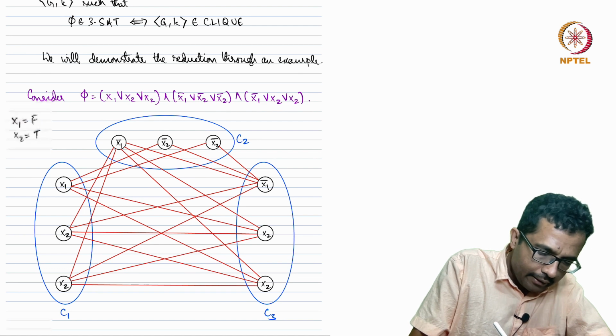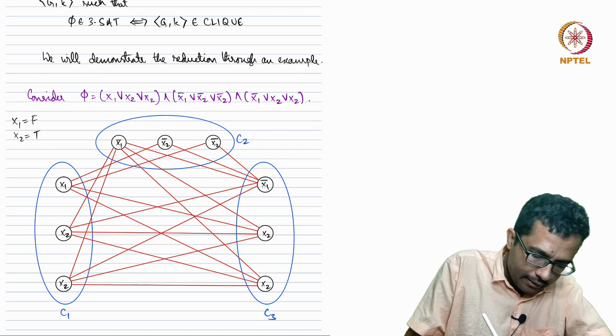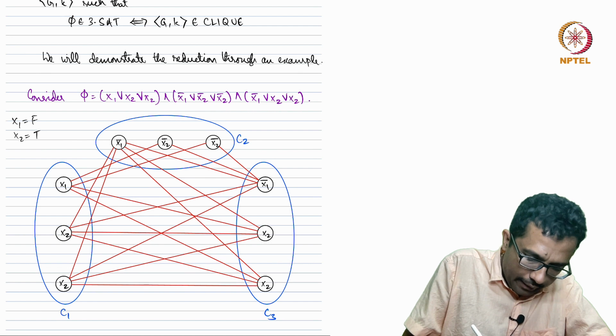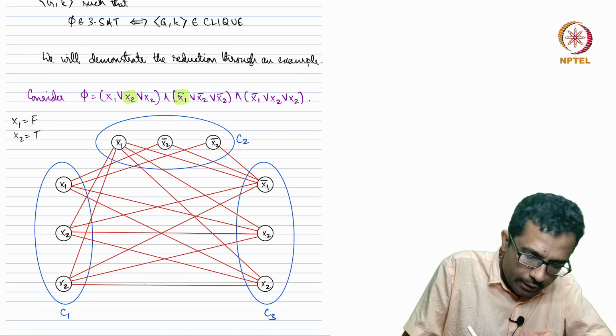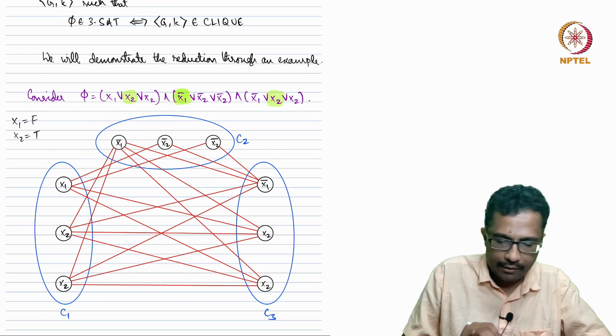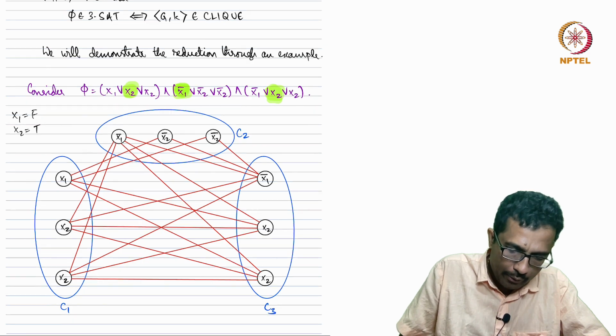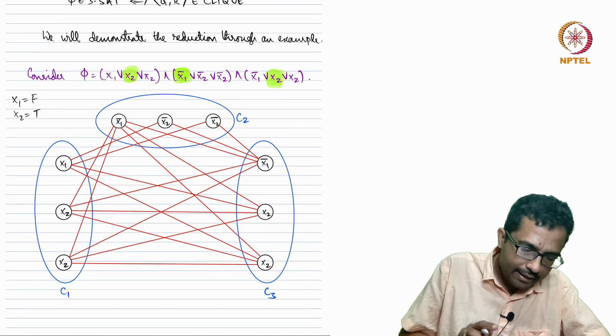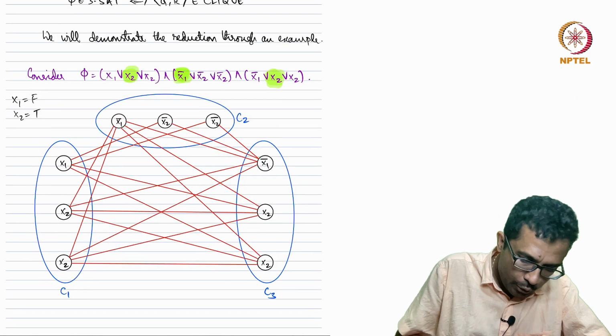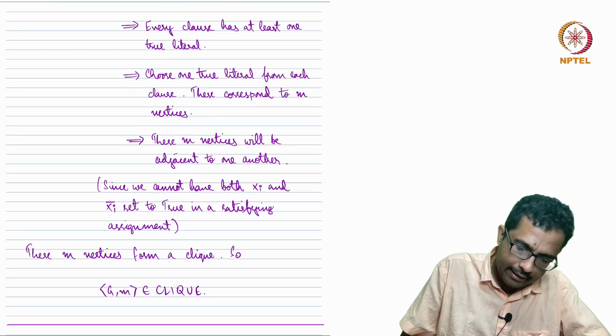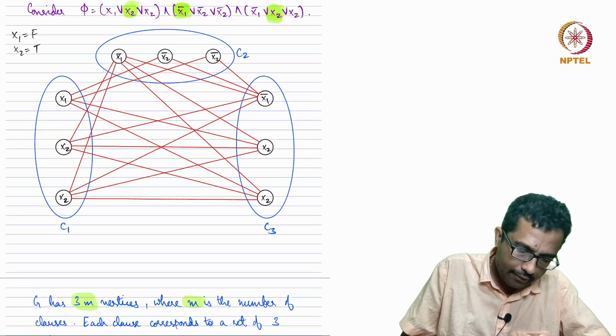So here for this satisfying assignment, x2 is a true literal in the first clause, x1 complement is a true literal in the second clause, and let's say x2 is a true literal in the third clause, right? So the highlighted ones are the true literals, and what we do is choose the same literals from the graph.